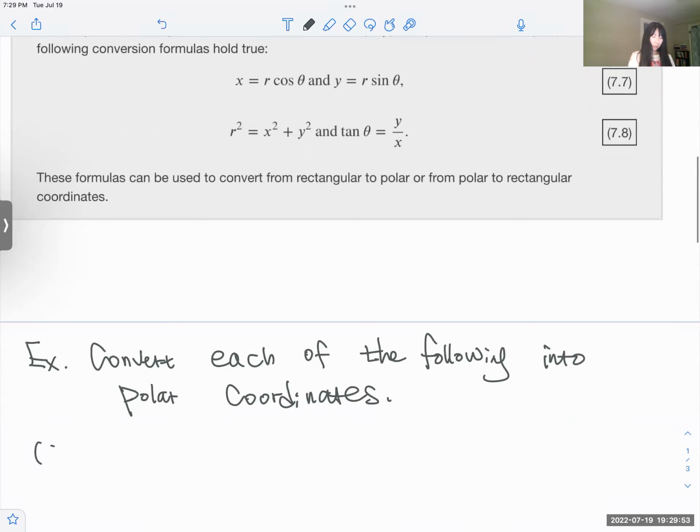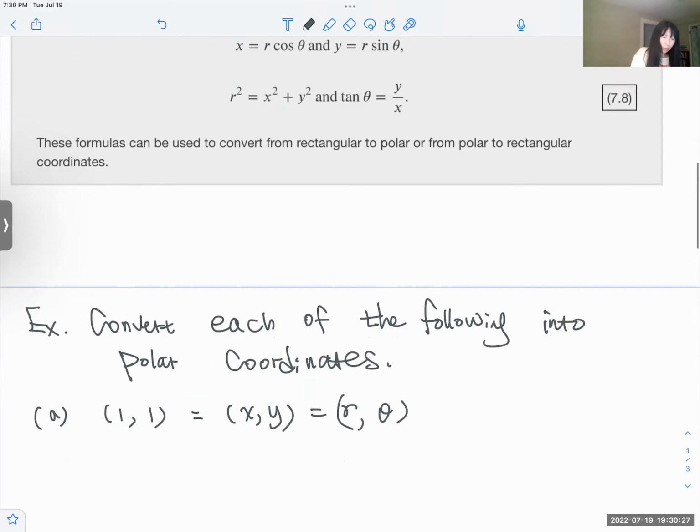So we have the first one, (1, 1). We can see easily this is Cartesian, just a regular XY coordinate. Now we want to make it r, theta, converting. We're gonna use r squared equal to x squared plus y squared.